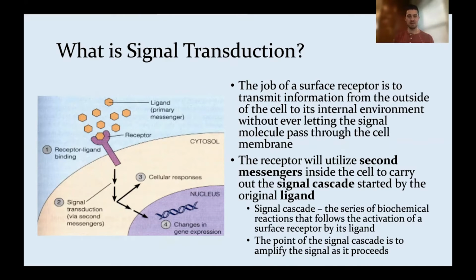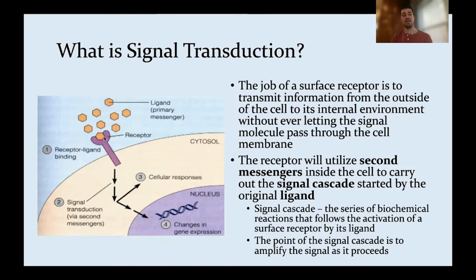If you look over here in this diagram, the ligands are these little orange pieces. They're also referred to as the primary messenger, because that is where the signal starts. It interacts with the receptor, and it does not pass through the receptor.